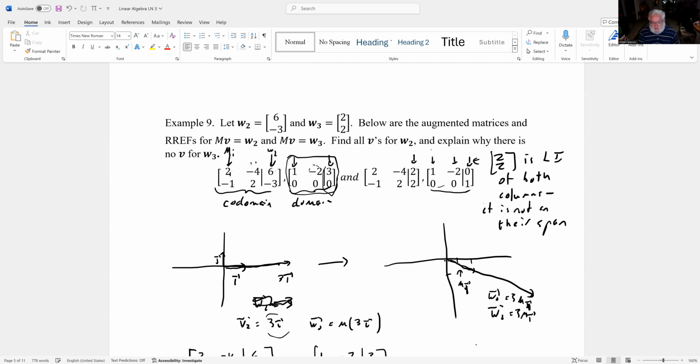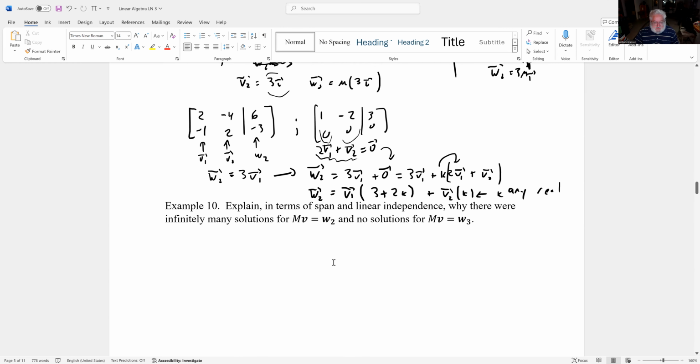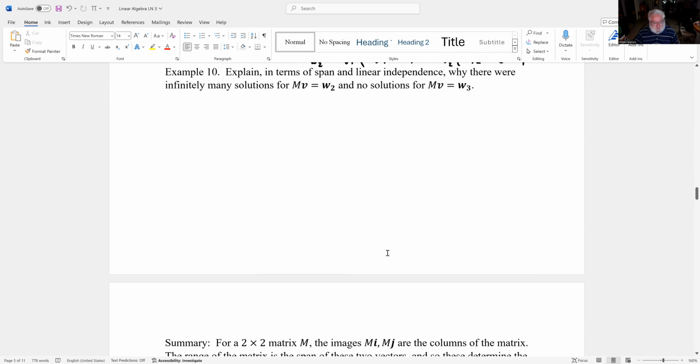That this vector here is actually linearly independent of either one of these. It's not in their span. And so there's no solution because this vector here is not in the span of those, just as this vector here is not in the span of these two. So this equation where you get 0 equals 1, essentially, because it's an augmented matrix, tells you there's no solution because the answer you're looking for isn't in the span of the columns. And so that tells us what's going on here. Infinitely many solutions is because V1 and V2 are literally dependent. No solutions because W3 is actually independent of the two column vectors V1 and V2.